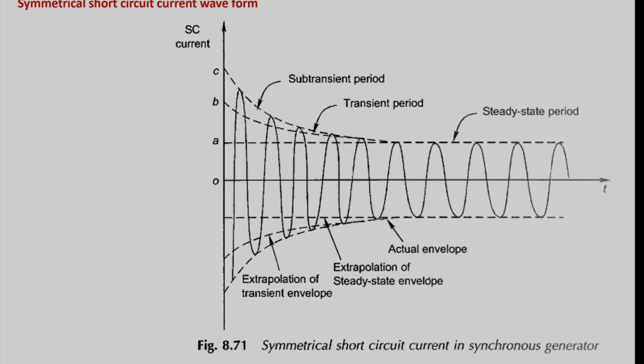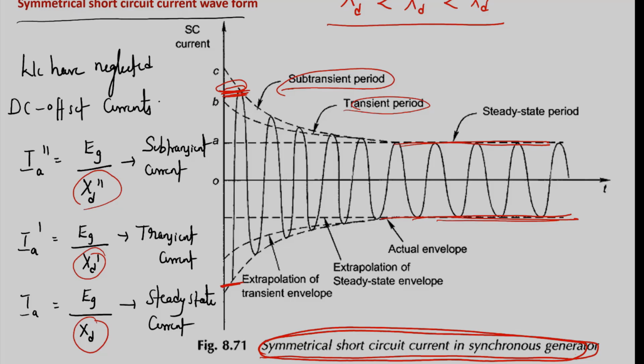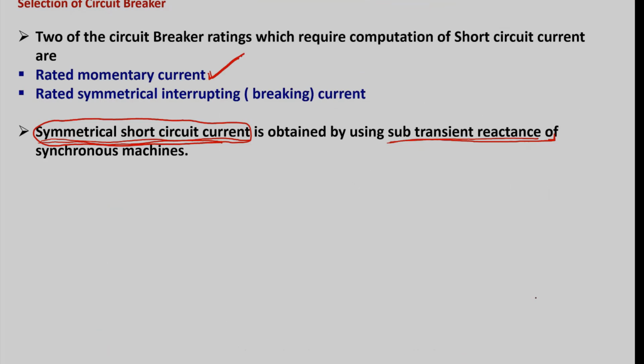This first current immediately after occurrence of the fault is the first peak of current. So to calculate this symmetrical short circuit current, we have to take the subtransient reactance of the synchronous machine.